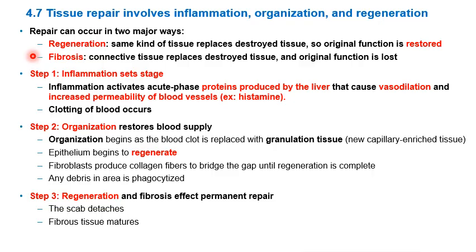But then you have another kind of repair that is called fibrosis. This is when the tissue cannot totally repair itself, but instead you get a lot of deposit of fibers just to glue the tissue together so that you don't die. So this is when you get scarring of the tissue.